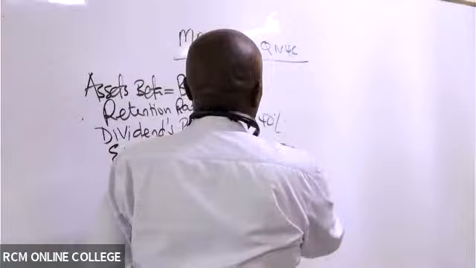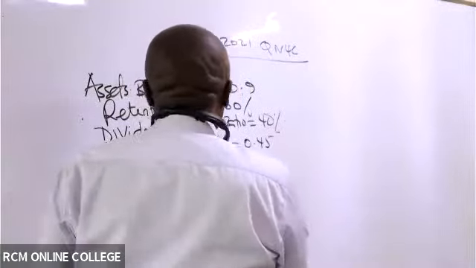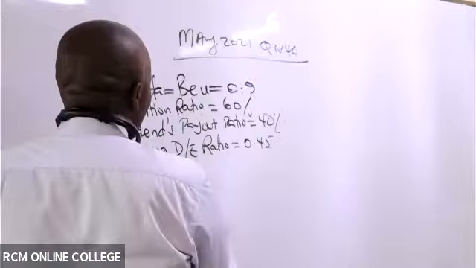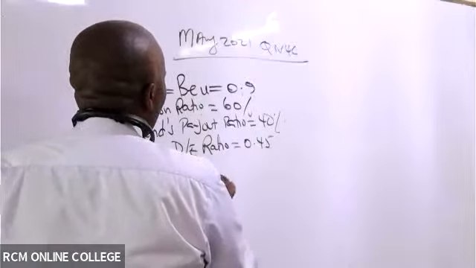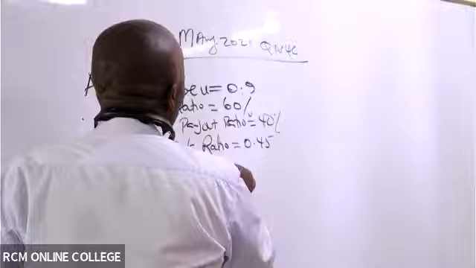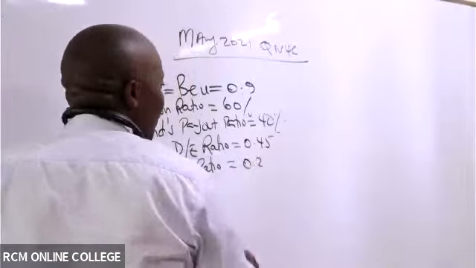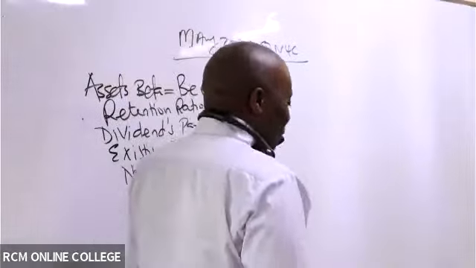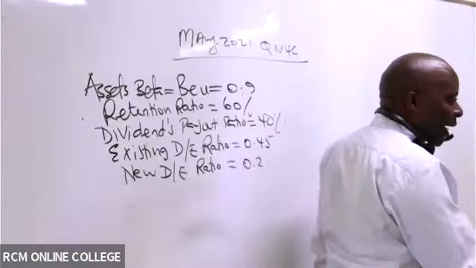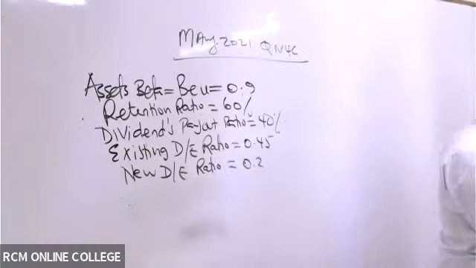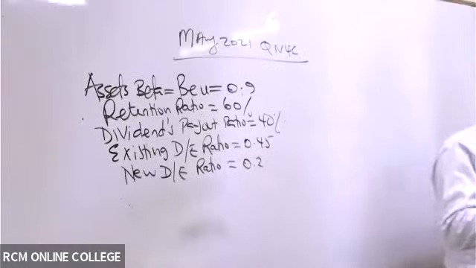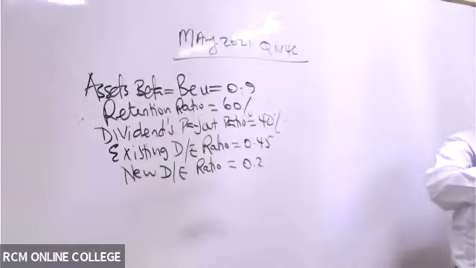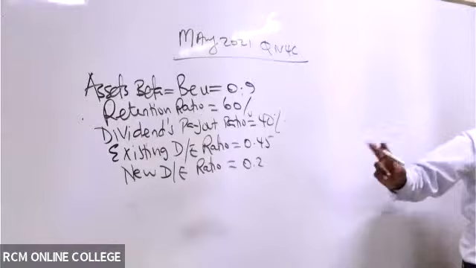And in this case they are going to a new debt to equity ratio, which is 0.2. So you can see these guys have decided to retire debt. They have decided to reduce debt. So it's a change in the capital structure ratio.